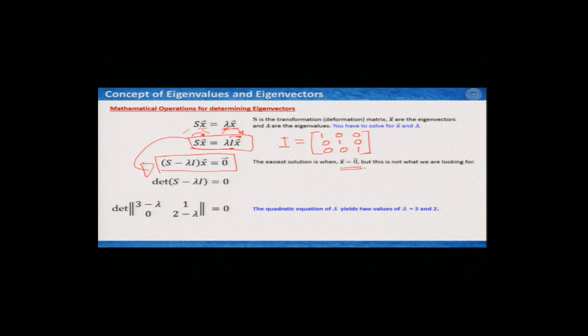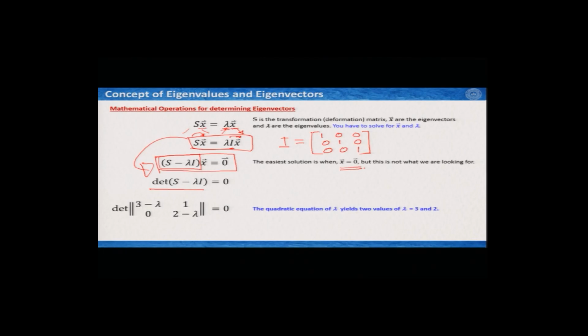We need a non-zero x vector solution, and to get this we have to take the determinant of this matrix, which is this term, and it should vanish.